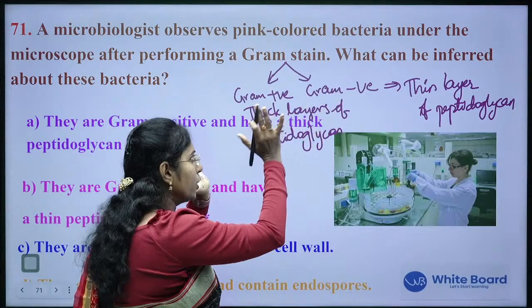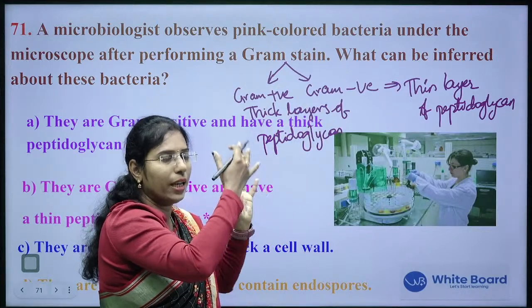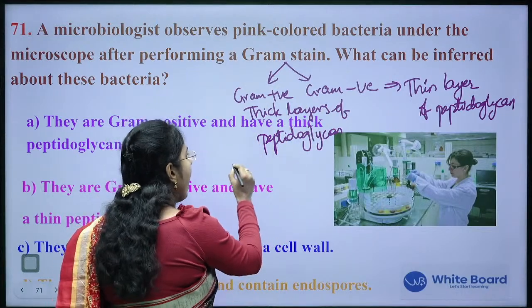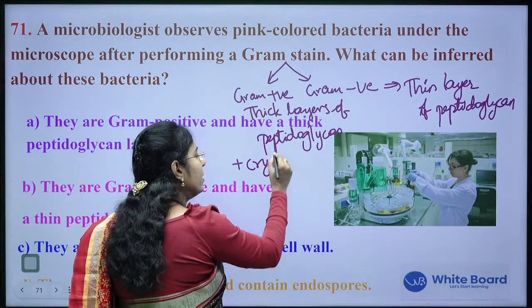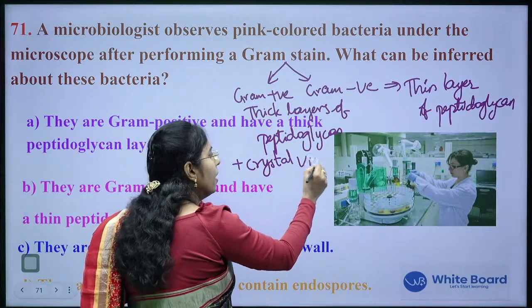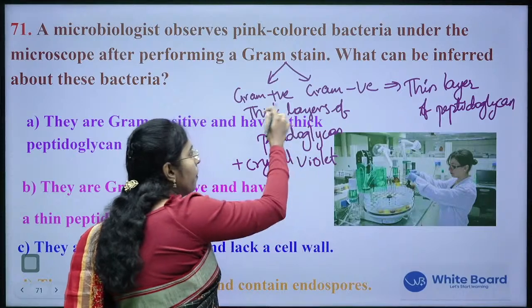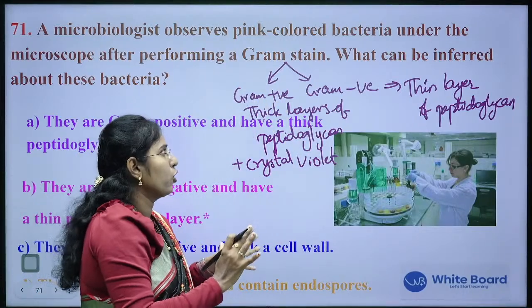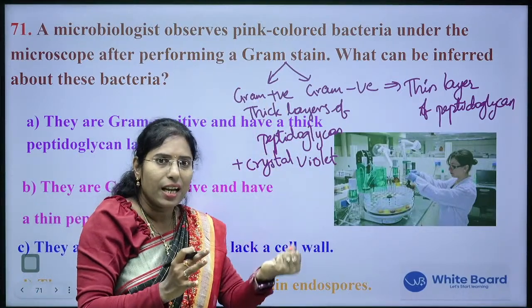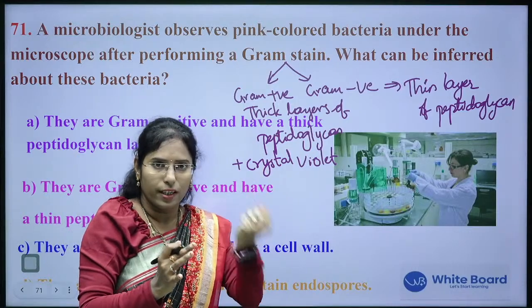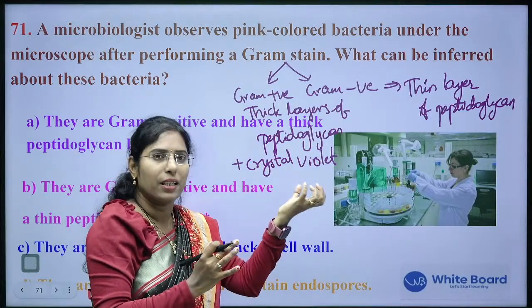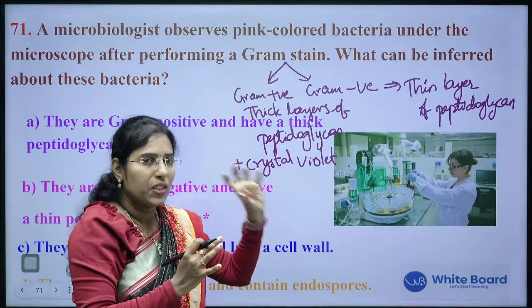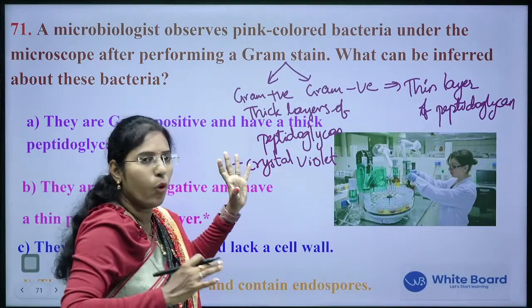If it is a gram positive bacteria, it will retain the violet color, so that we can observe the bacteria directly under the microscope in violet color.